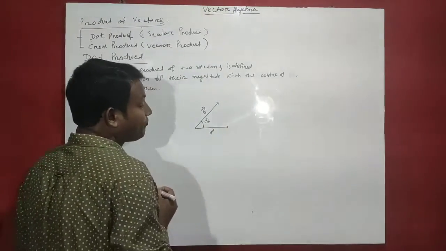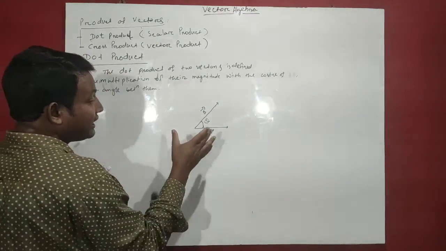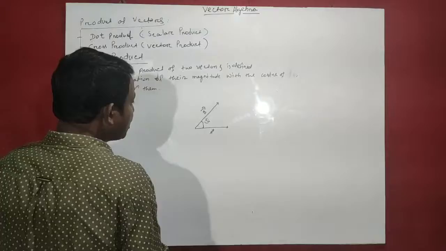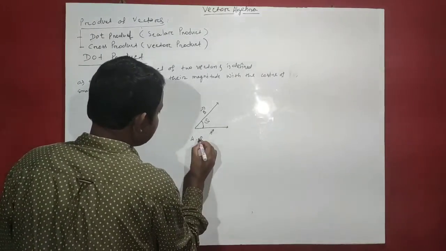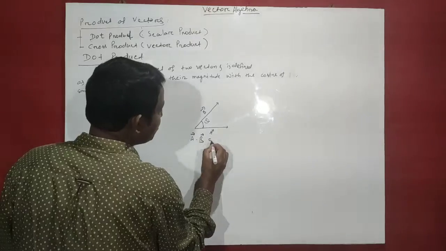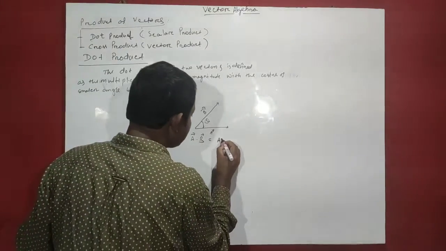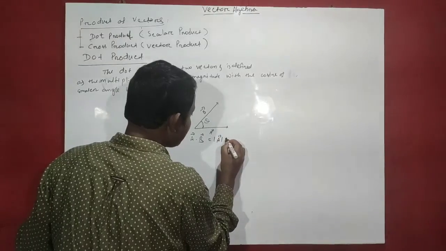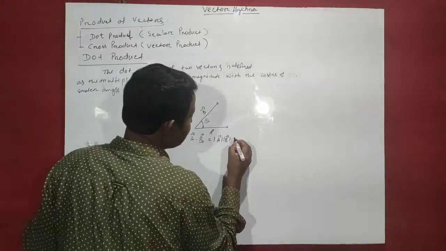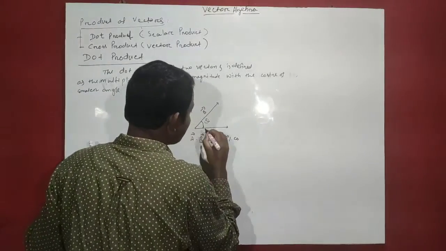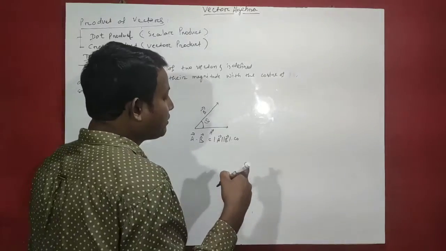Let this be theta. It says that the dot product of two vectors is equal to the multiplication of their magnitudes with the cosine of the smaller angle between them.